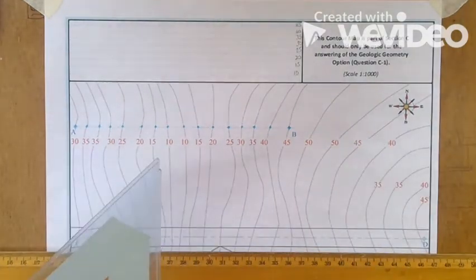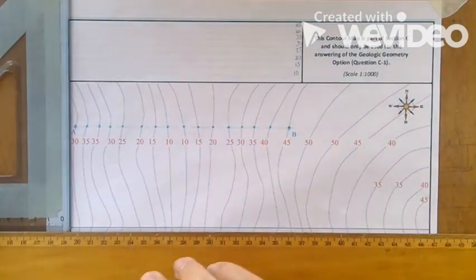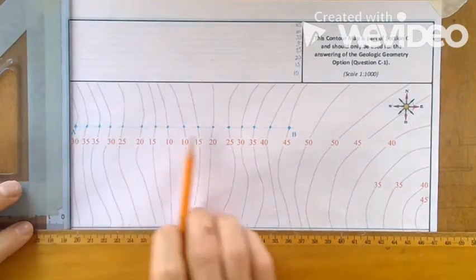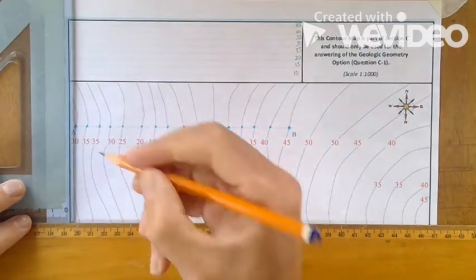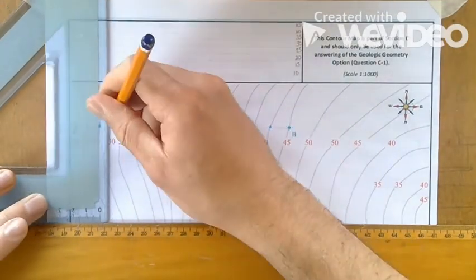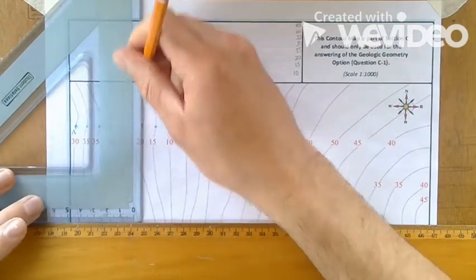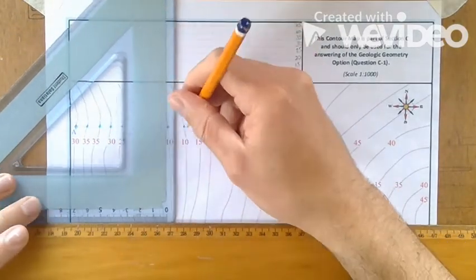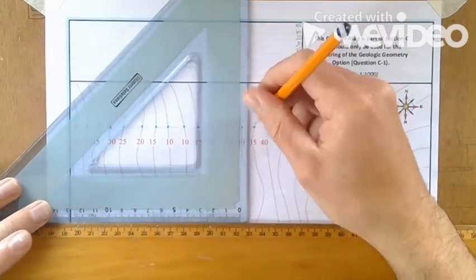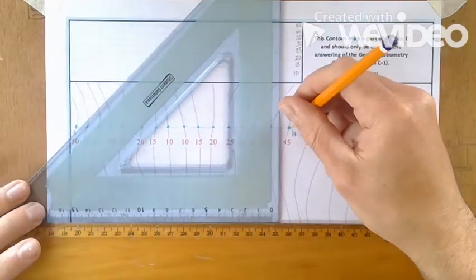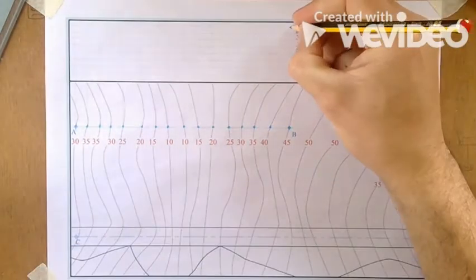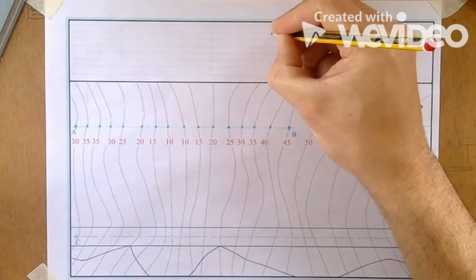So now what we need to do is bring up our points where the line AB intersects each contour. And then we're just going to identify where each point is.